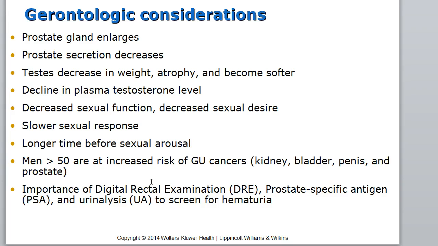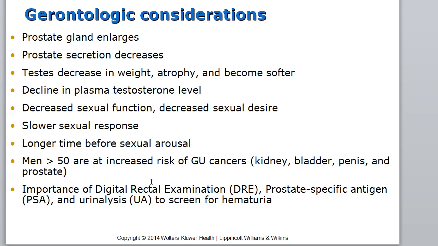When men exceed 50 years of age, they are at risk of a variety of GU cancers, genitourinary cancers, mainly kidney, bladder, penis, and prostate. And here comes the importance of preventive testing, such as the digital rectal examination, which is recommended after 50 years of age.